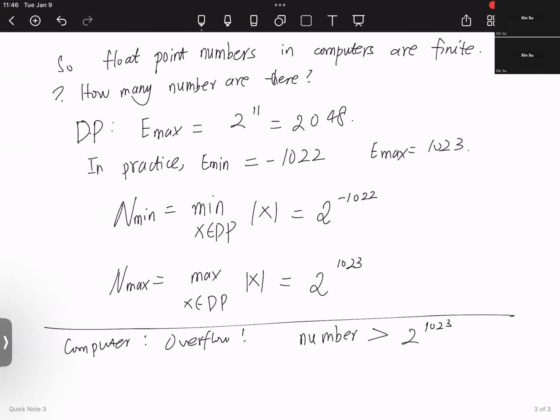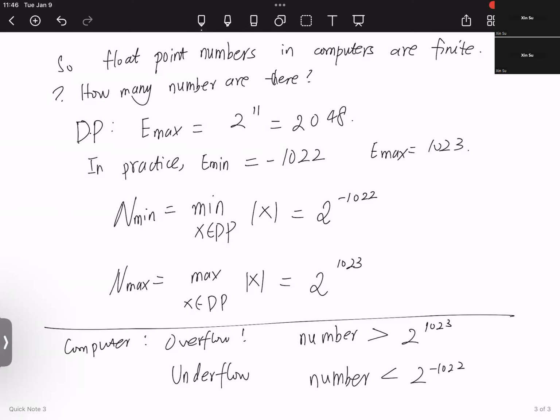If you have an error, it says it's underflow. Underflow means the computer cannot represent that number because it is so small. It's smaller than this number. And then you would get such an error message from the computer because the number you get is smaller than this one.